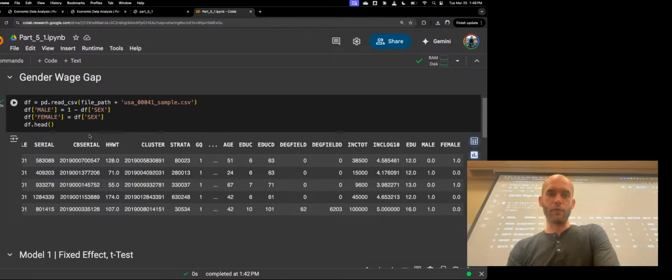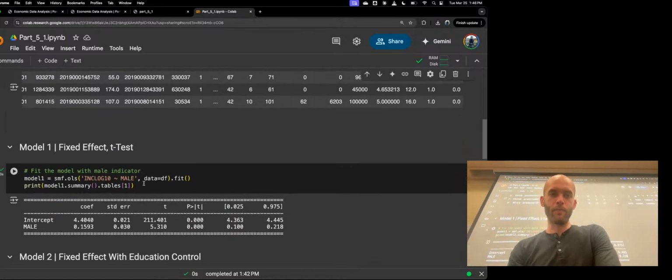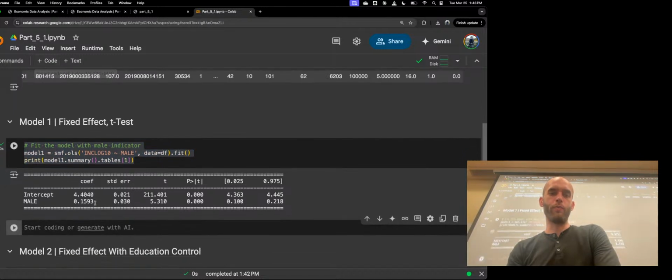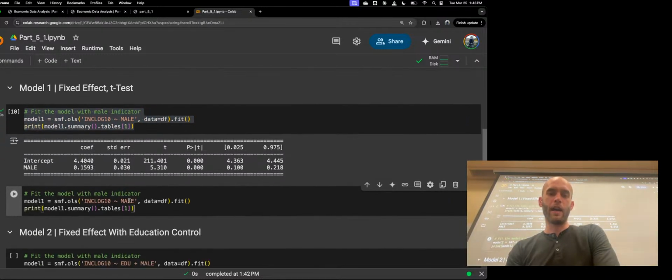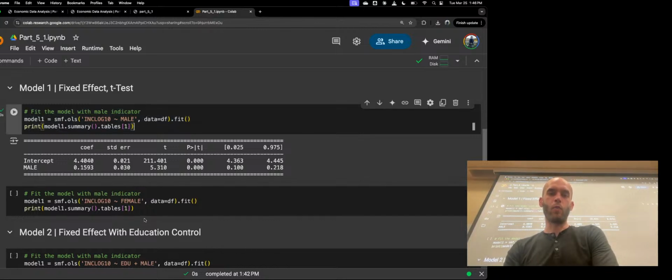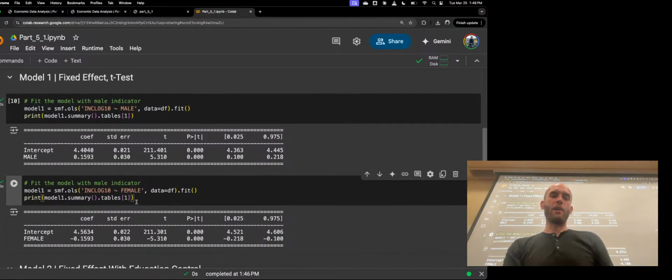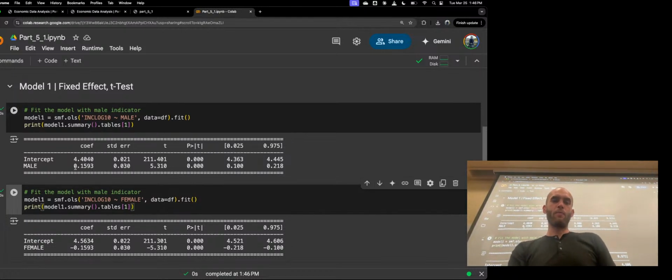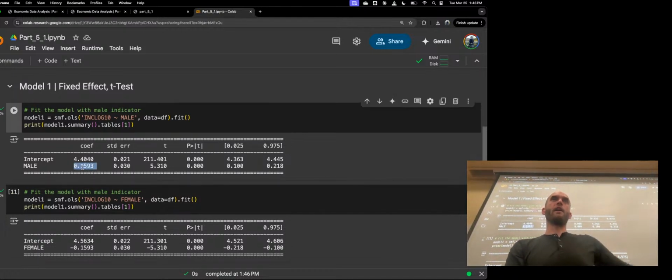So we constructed this female variable. Everything we can do here, we can do using female, so it doesn't matter which binary indicator variable we're looking at. But you can see if it's male, we say there's like a 15% or 16% increase in wages associated with being coded as male.